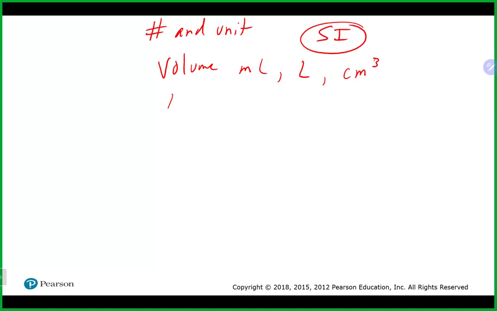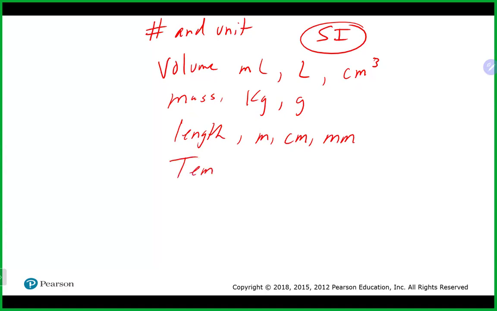When we talk about a mass, kilograms and grams are very common units of mass. When we talk about length, meters, centimeters, and millimeters are common units of length that we come across.